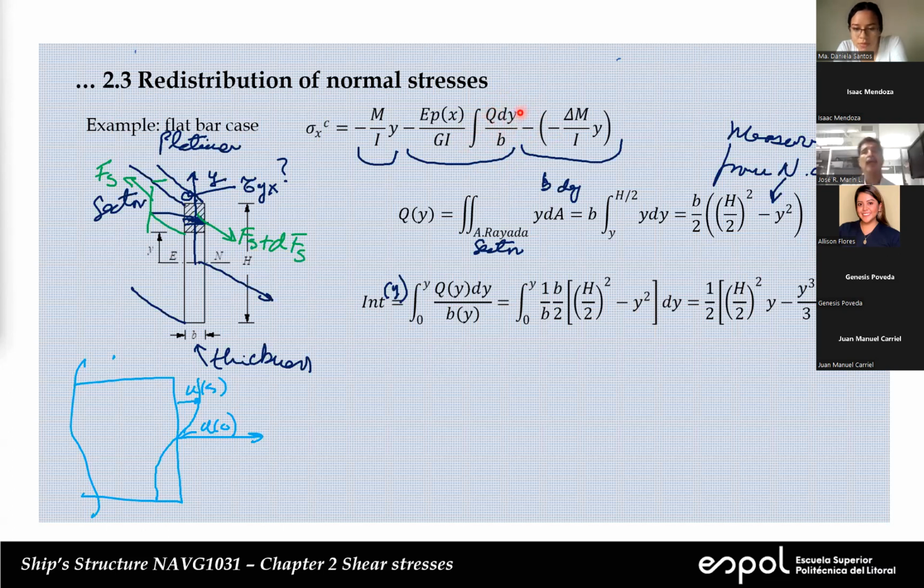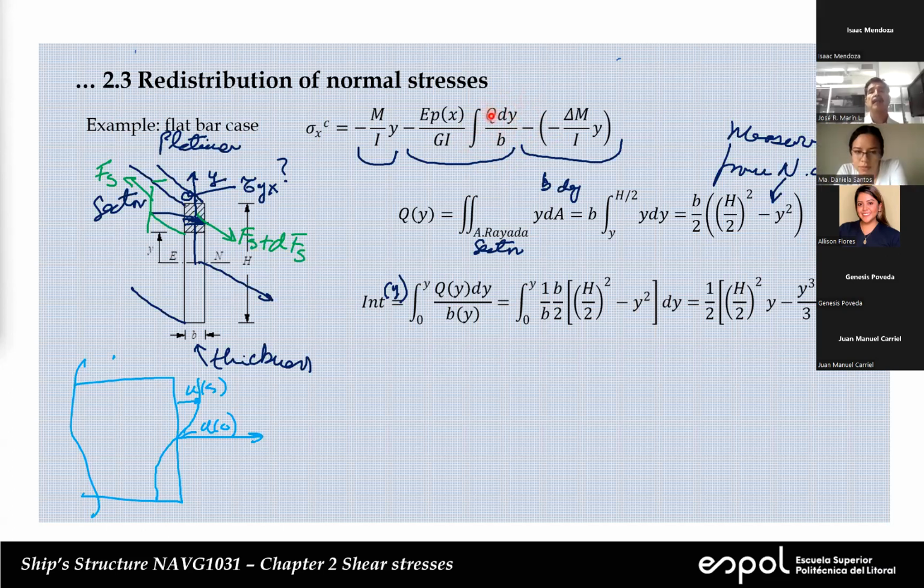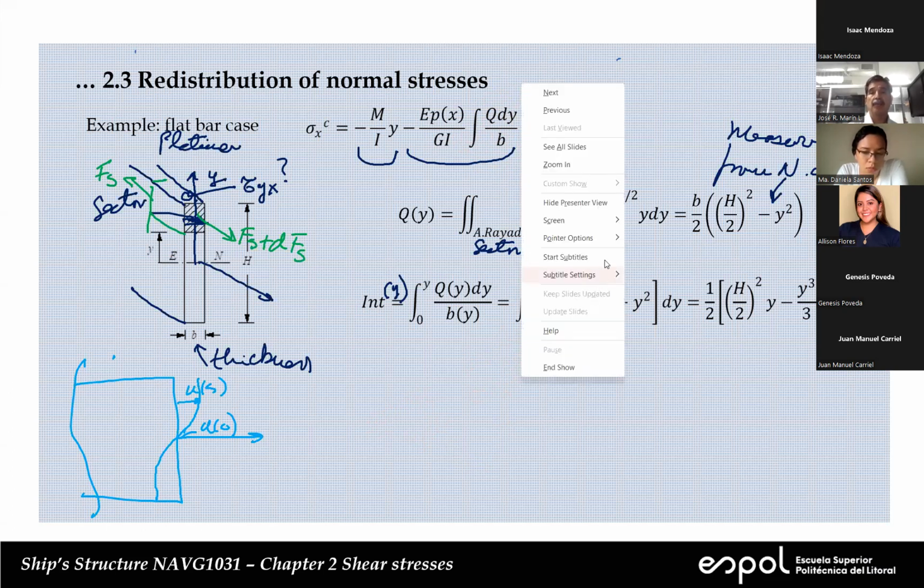Okay, you're here. This term appears when we calculated the U, the axial displacement. So at that point, we introduce this term.